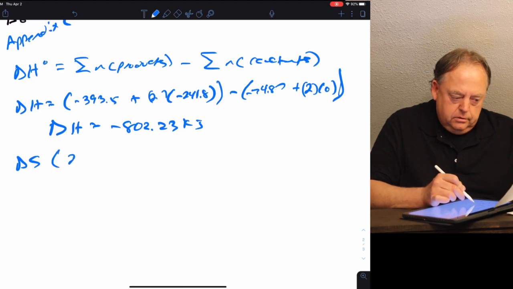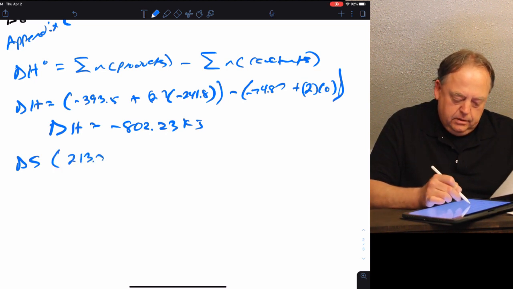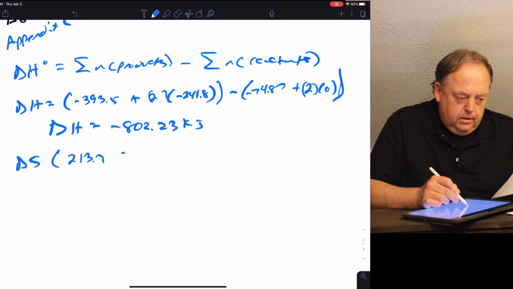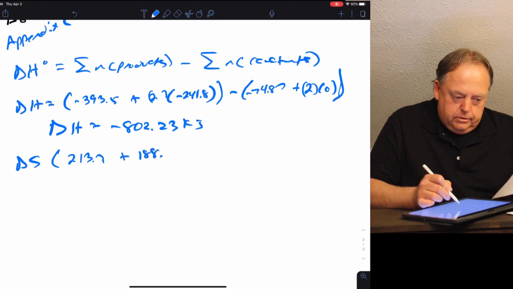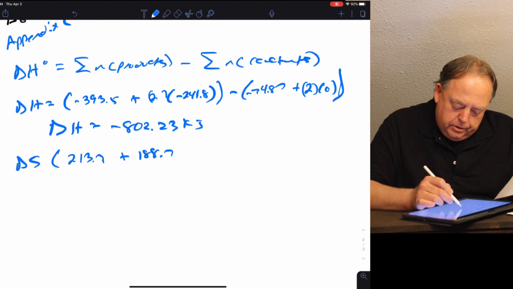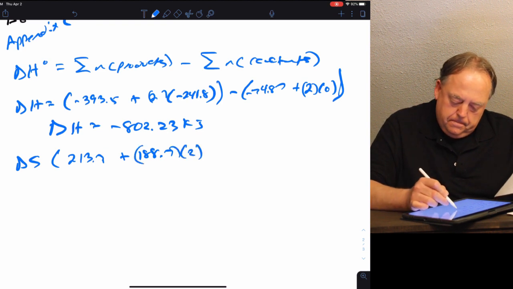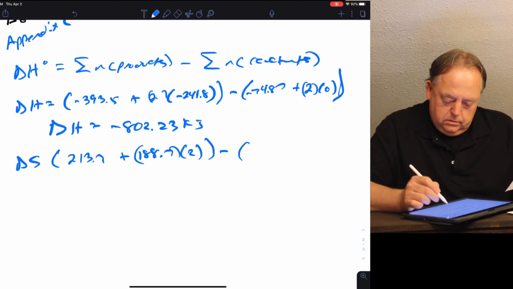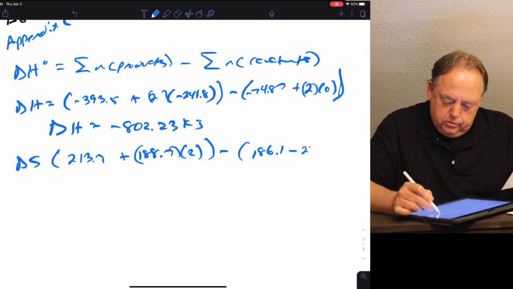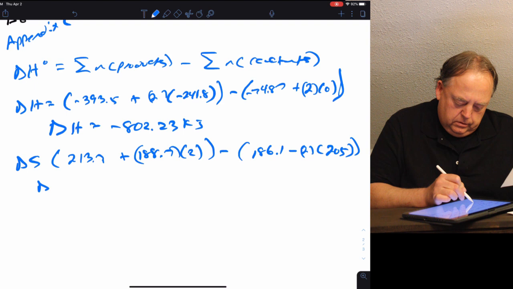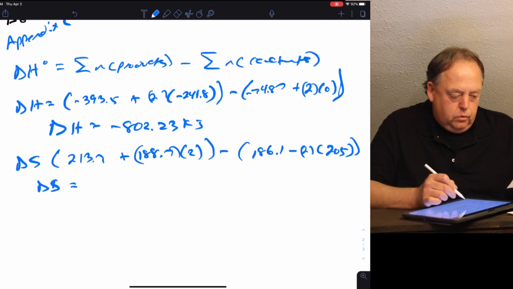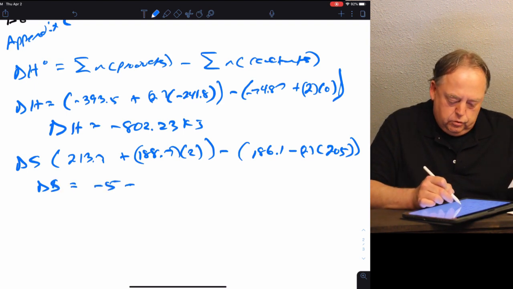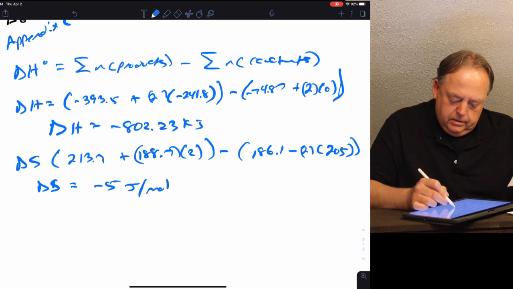And then do the same thing for delta S. Take your products, so 213.7 for CO2, plus 188.7 for H2O, and you have to multiply that times 2. And then subtract off the reactants, 186.1 minus 2 times 205. So delta S is equal to negative 5 joules per mole Kelvin.